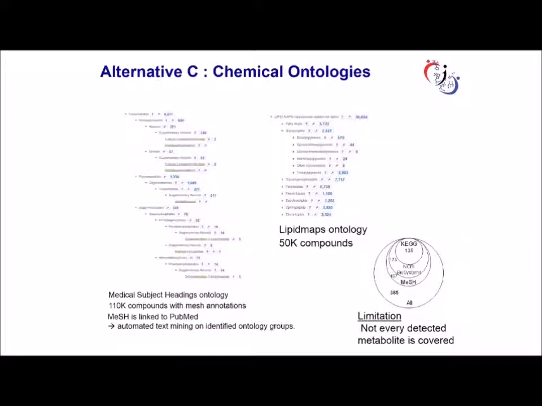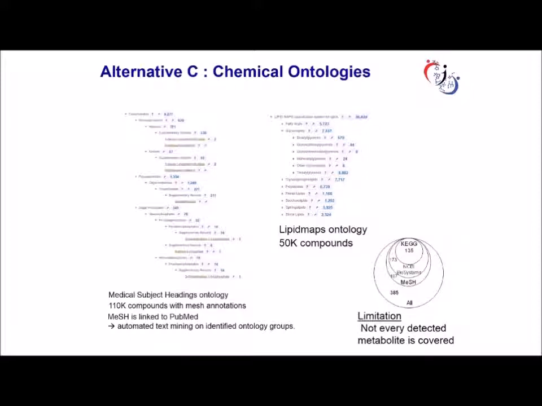So here is an example for the carbohydrate class: carbohydrates are divided into monosaccharides, and monosaccharides are further divided into hexoses and ketoses and so on. These terms were extracted from biomedical literature from PubMed, and they have been linked with PubMed. So this MeSH ontology allows automated text mining if needed.